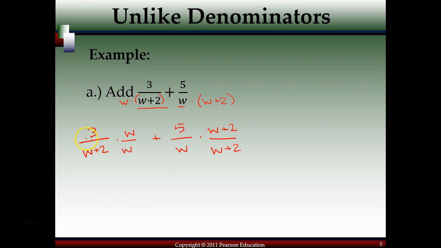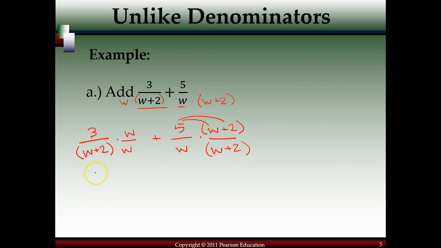Now we need to multiply straight across, and there is no need to distribute or FOIL any of the factors in the denominator. We can just keep it in factored form, but go ahead and do that with the numerators. Go ahead and distribute or FOIL this out. So we're going to distribute that 5 to both of these.